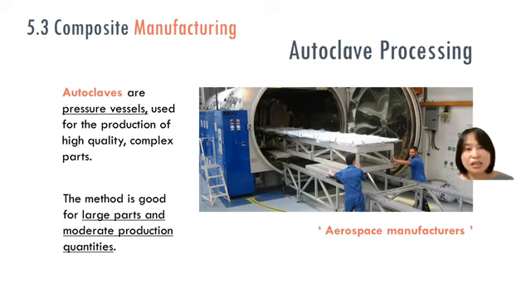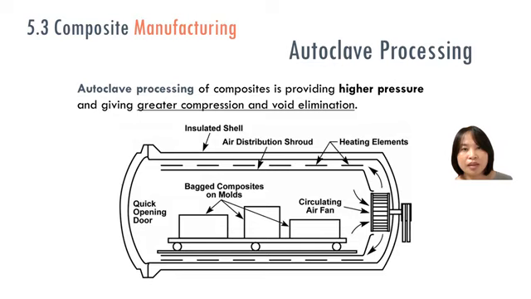like you can see in the picture. Okay, so large vessel, right? And it can accommodate large parts also. And this autoclave is used to process composite.